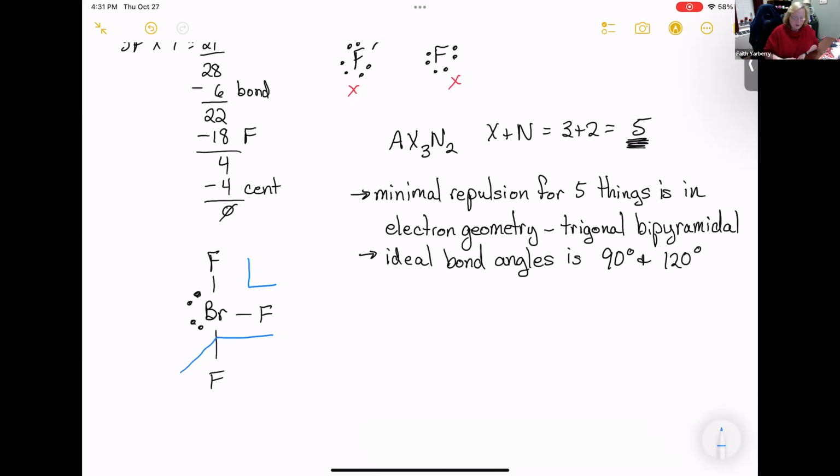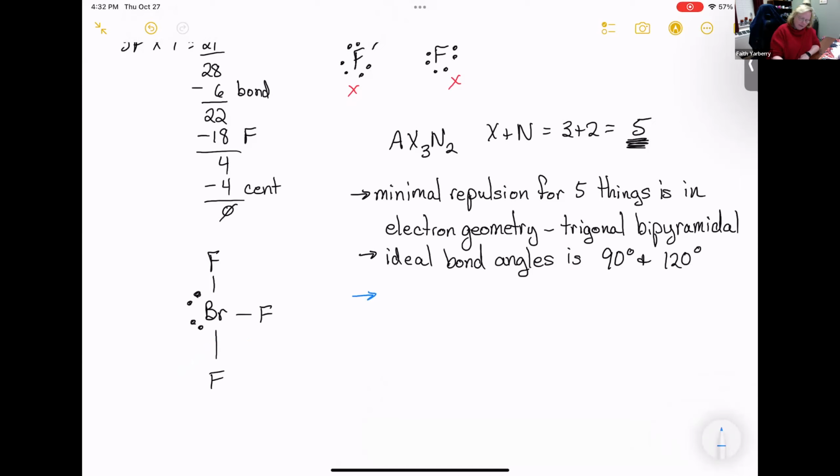So you have both angles there. Now, technically, it is less than the 120 because of the lone pairs, and less than 90. But that's the ideal bond angle.